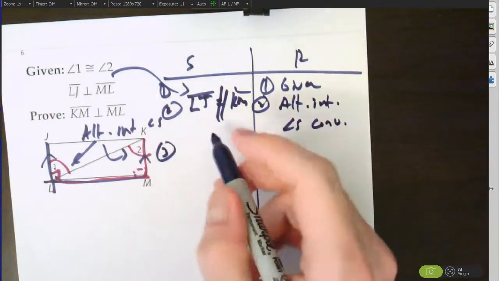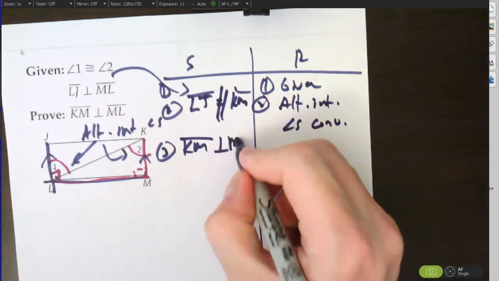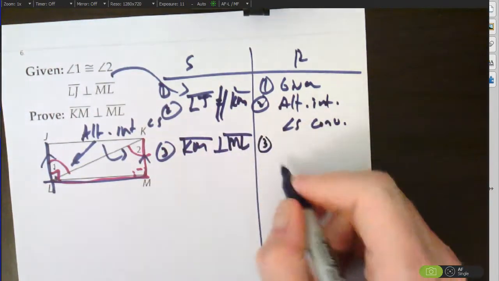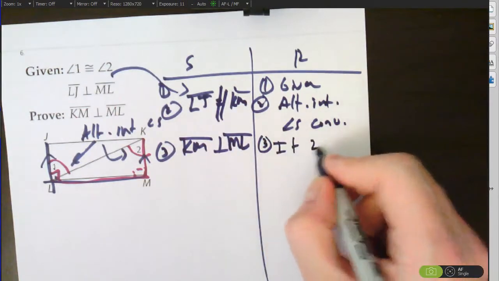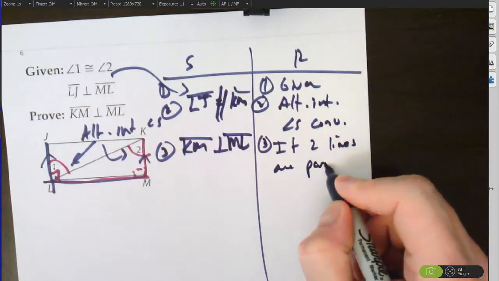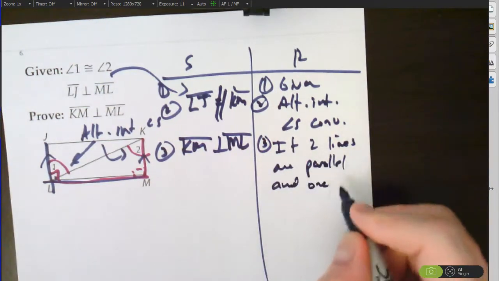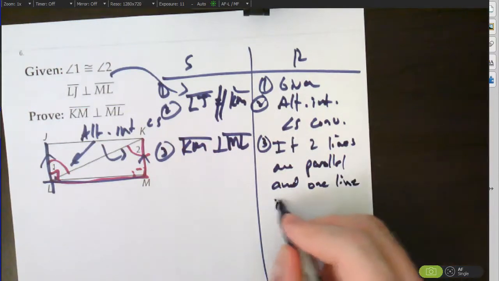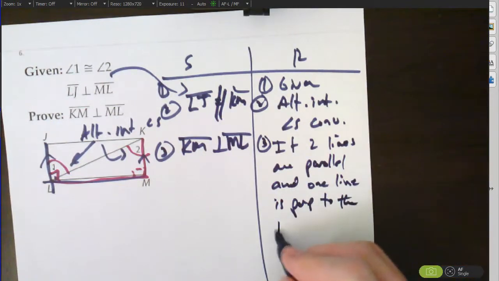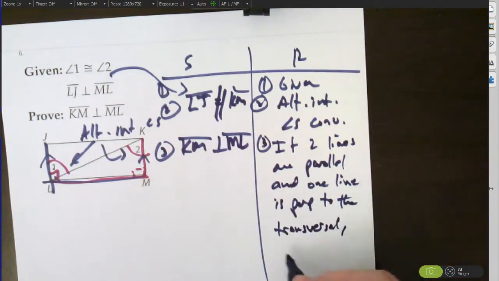And then step 3, I can just flat out say KM is perpendicular to ML because if 2 lines are parallel and one line is perpendicular to the transversal, so is the other.